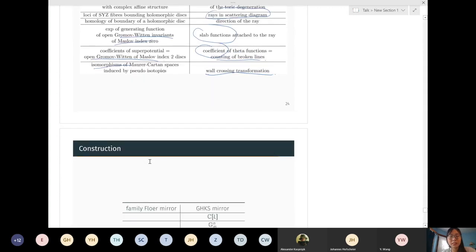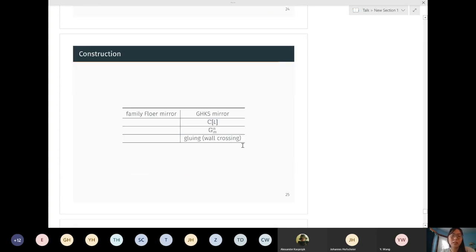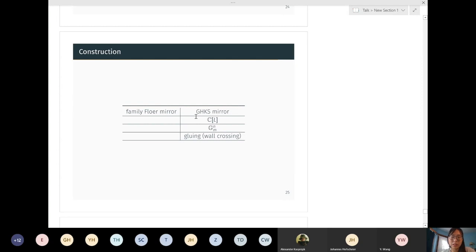As I keep saying, this project for me is to reinterpret everything in the symplectic sense. So here we have this GHK, or later Gross–Hacking–Keel–Siebert, mirror. In the beginning, when we define the cluster variety, we have a lattice, we define the polynomial ring associated to it, and then we obtain the algebraic torus, and glue it according to wall crossing.